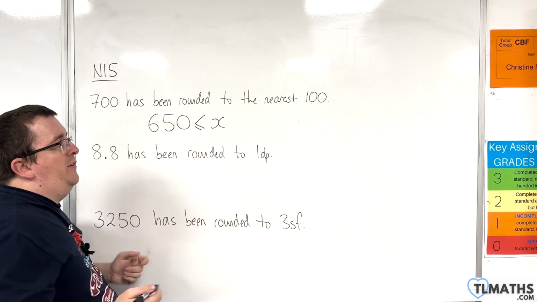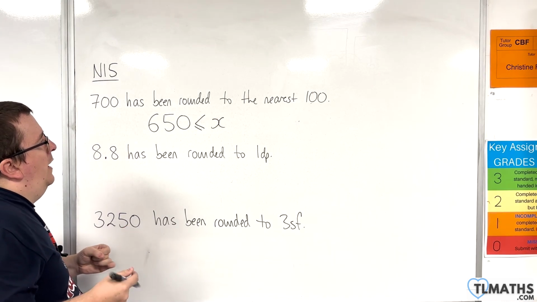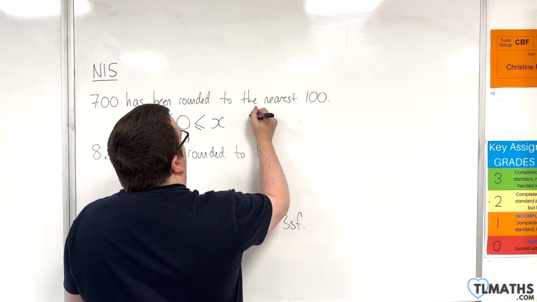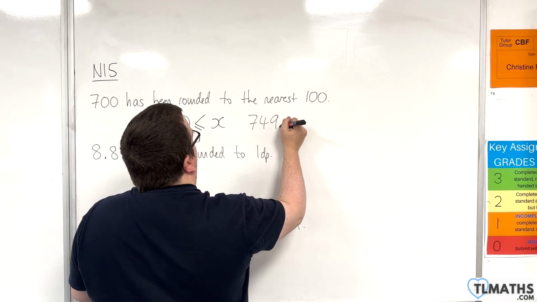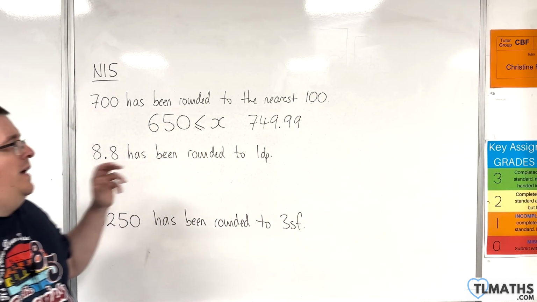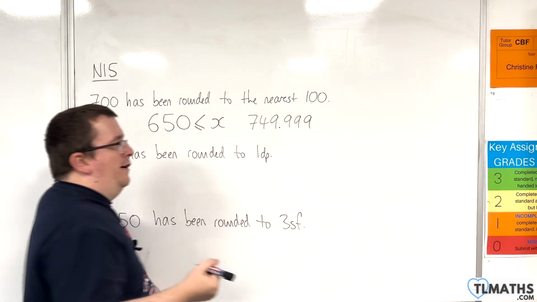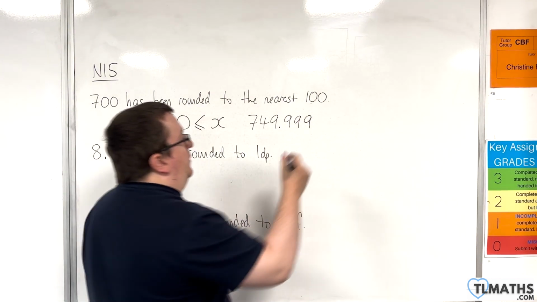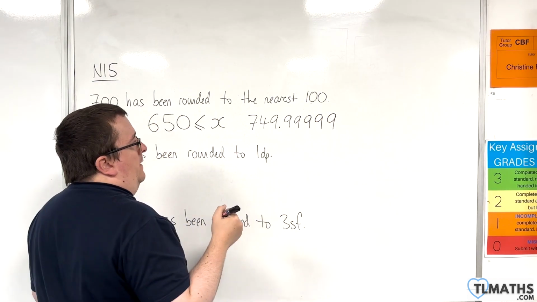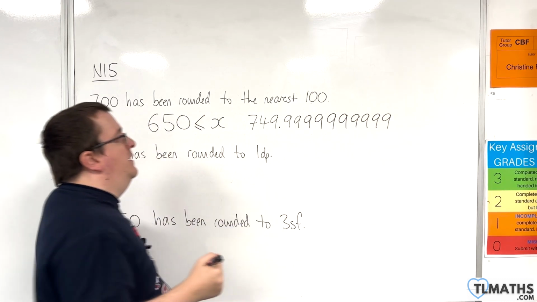But there is going to be some upper value as well, right? So at what point do I stop? Is it 749.99? For example, is that the largest it could be? Well, not quite, because it could be that. That's larger. In fact, that's larger also. This is larger still. Okay? And I could keep on adding 9s onto this, making the number larger and larger.